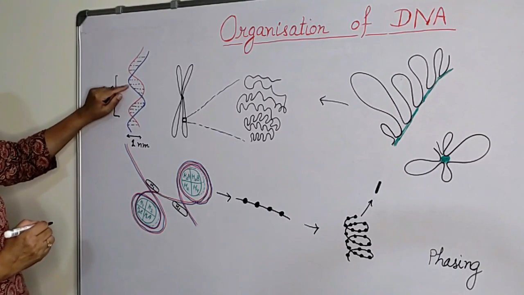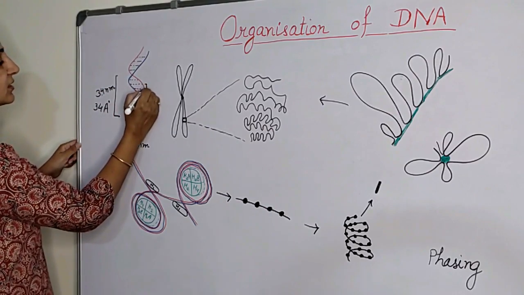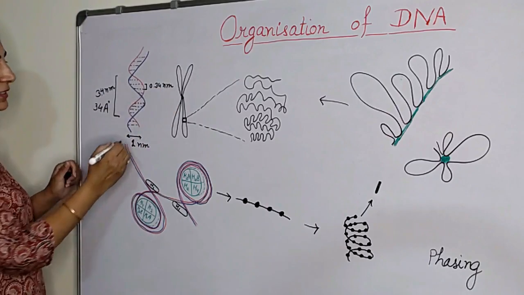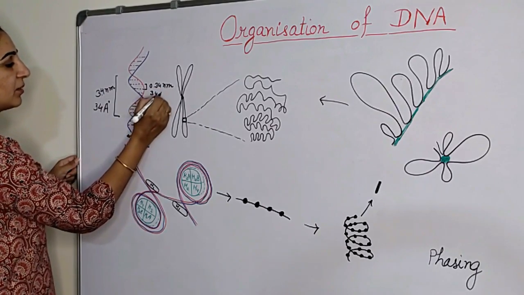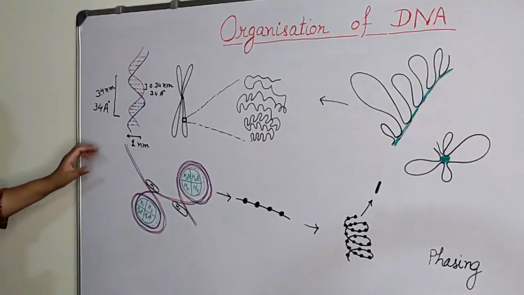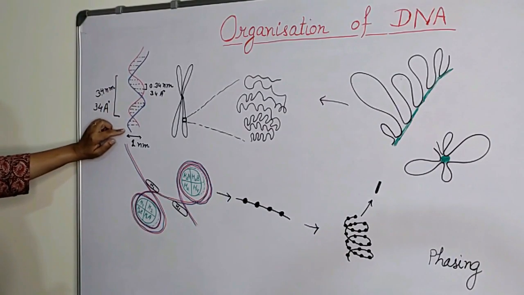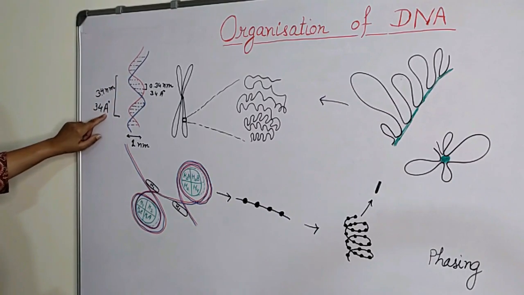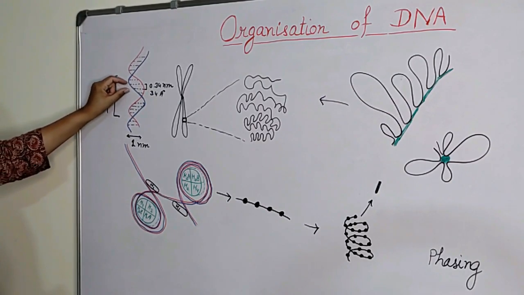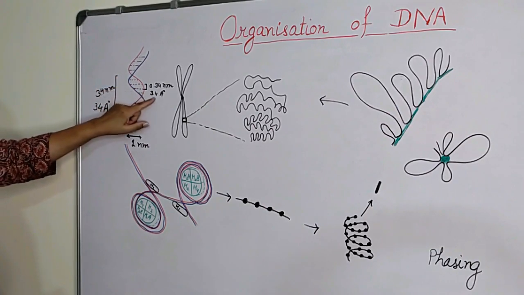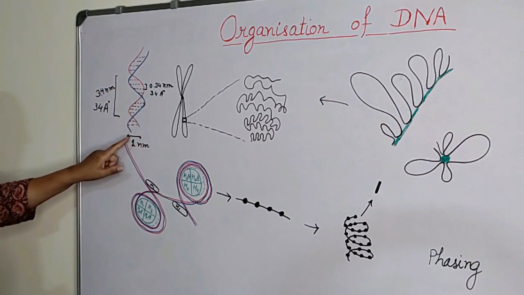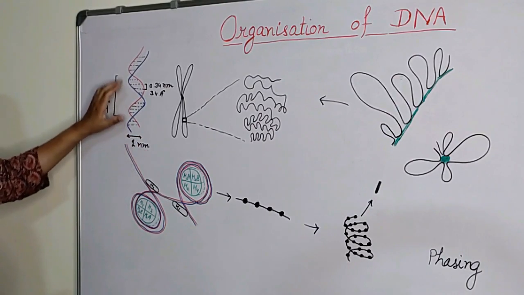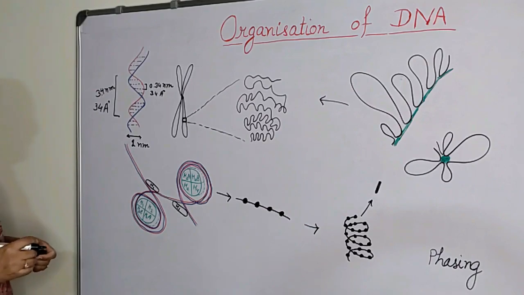Similarly, the distance between the two nitrogenous bases is 0.34 nm, or you can say 3.4 angstroms. So these are the dimensions of a double helical molecule of DNA. A single complete turn is 34 angstroms long, the distance between the nitrogenous bases is 3.4 angstroms, and the thickness of the molecule is 2 nanometers. So these are the dimensions of the DNA.